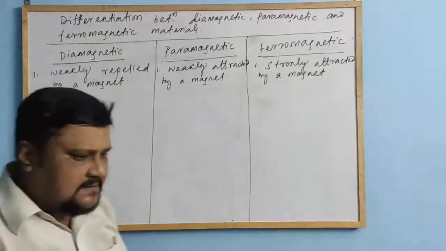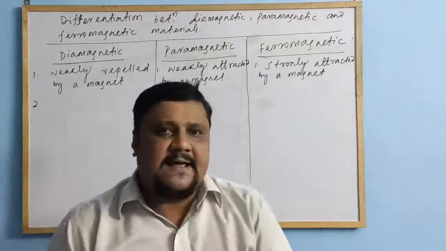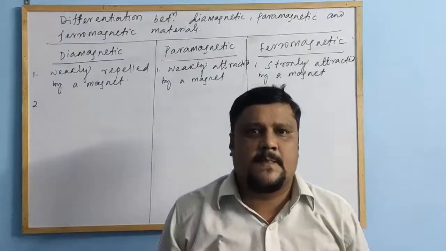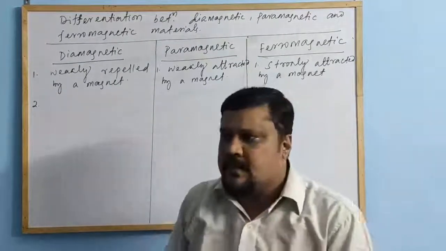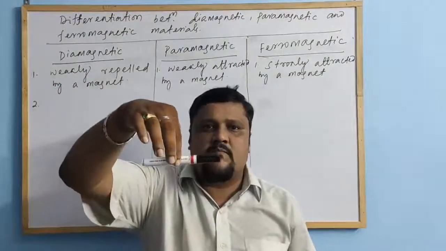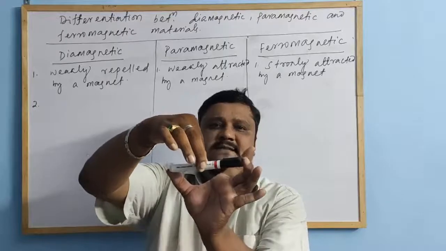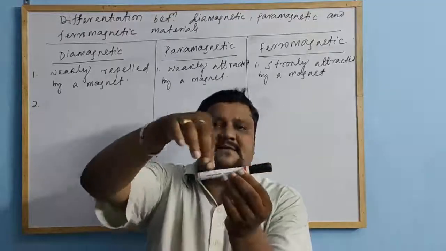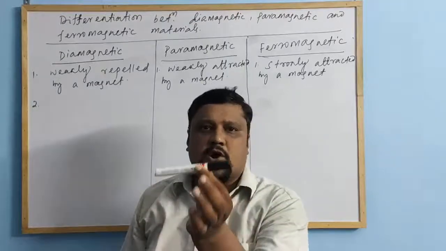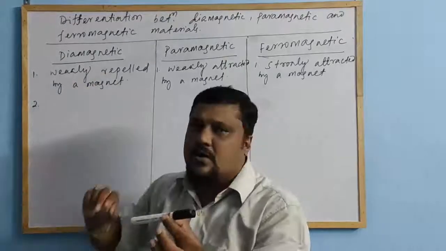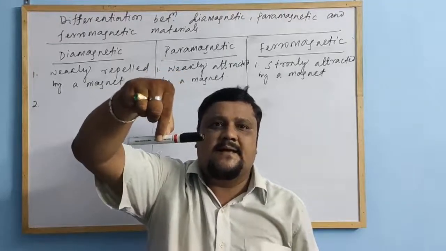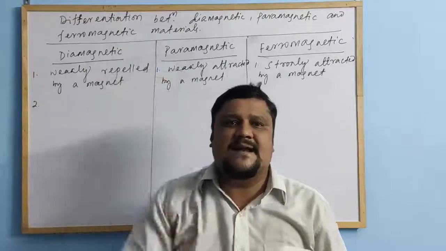If I take a diamagnetic rod, like your bar magnet core, in this shape, and this is the long axis, long compared to this diameter. If it is in the rod form, a diamagnetic rod, then it is freely suspended in an external magnetic field.